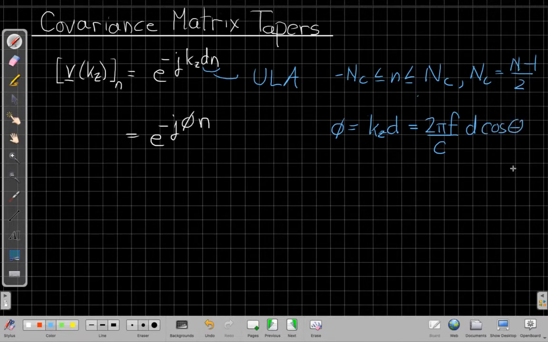So in real life, we have to recognize that our data may be noisy, and that as we collect a bunch of snapshots to make the sample covariance matrix to use in our SMI or diagonally loaded versions, things like theta may be jittering over time. The interferer may not be perfectly still.